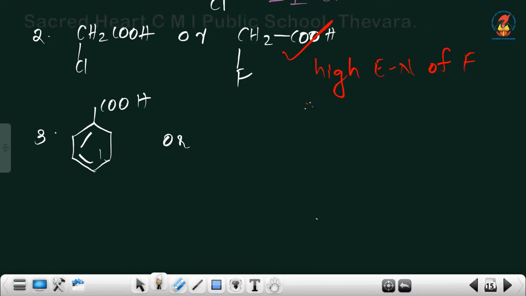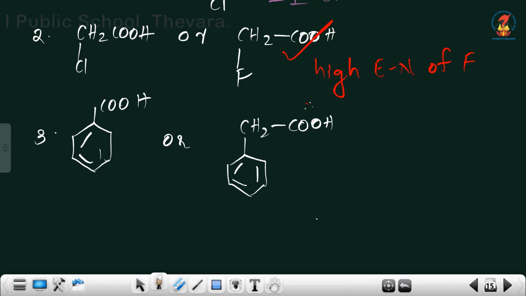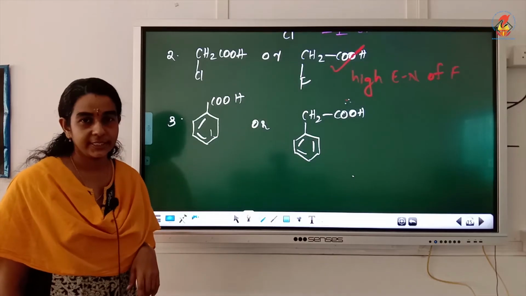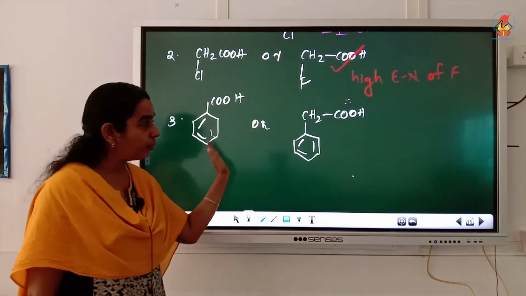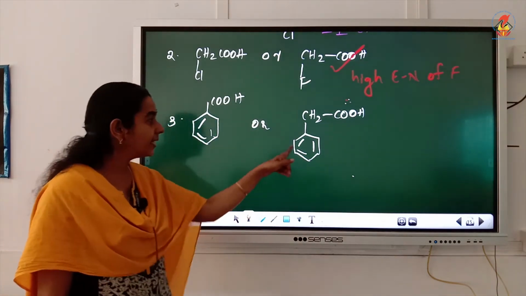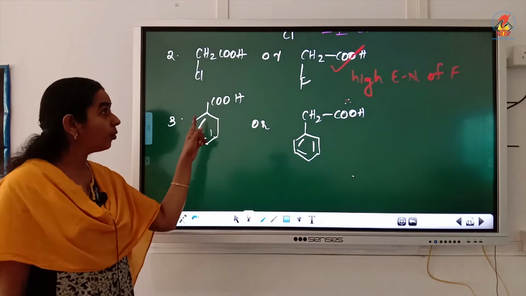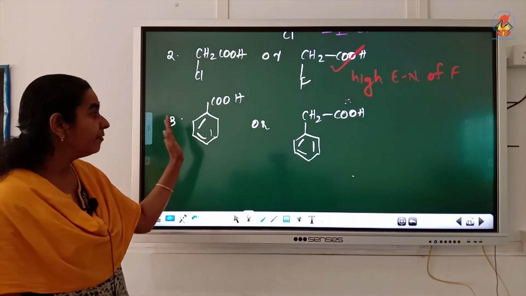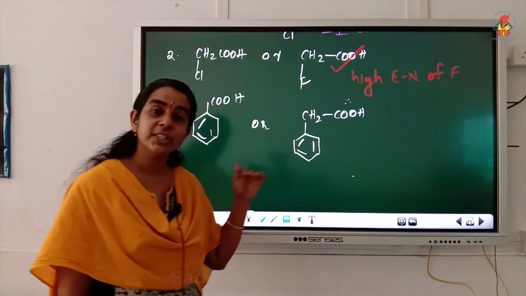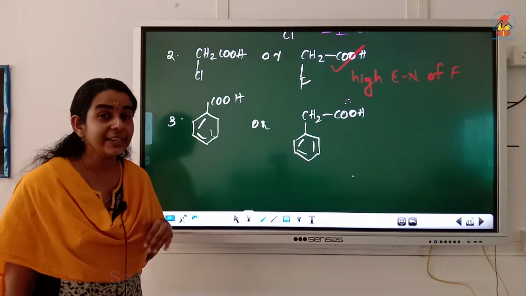Next question is benzoic acid or 2-phenylethanoic acid. We know that if there is a benzene ring or phenyl group, the acidity will increase. But in both these compounds, we can see a benzene ring. But which is more acidic? We already studied one more point. When the distance from the substituent increases, the effect will decrease.